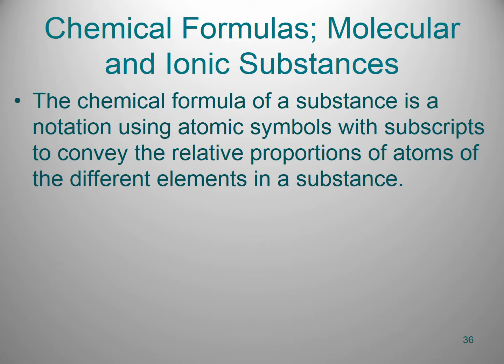But anyway, when we have a compound, molecule, or any kind of compound, we can write it with a chemical formula. So the chemical formula is just a notation using the atomic symbols from the periodic table and then the subscripts telling us how many of each element we have.